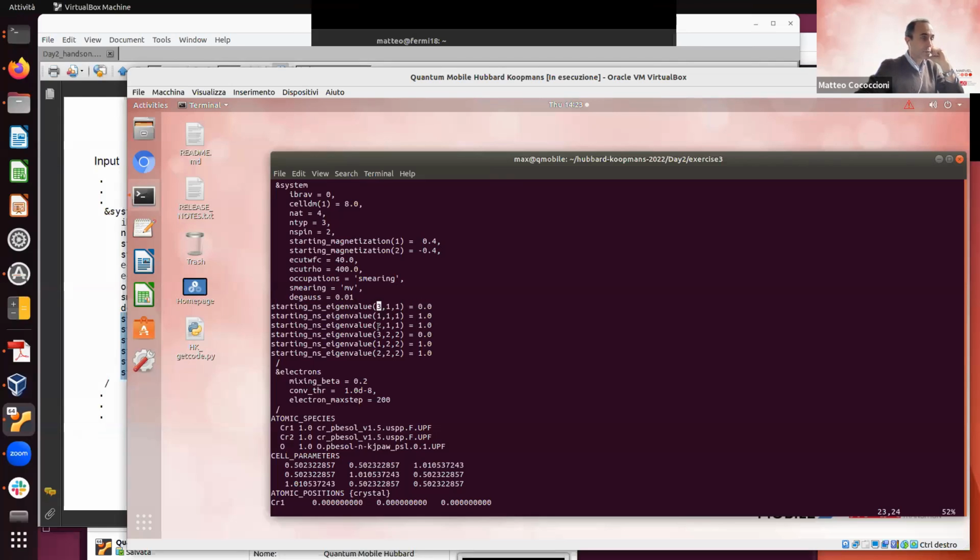And then the first two states instead be given an occupation equal to 1. The same goes for the other chromium, the one with down spin, but of course for the down channel. So if chromium 1 has a majority spin, the other chromium in this antiferromagnetic ground state has the same thing, but on the opposite spin.